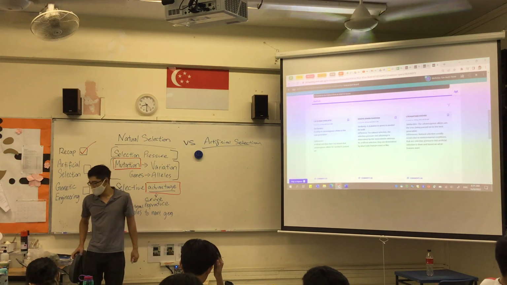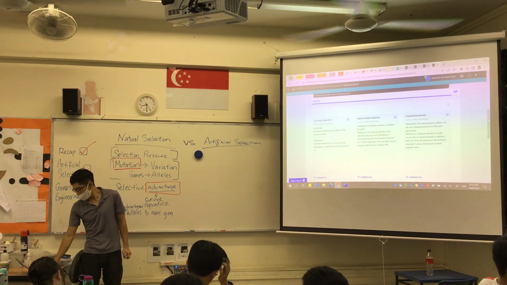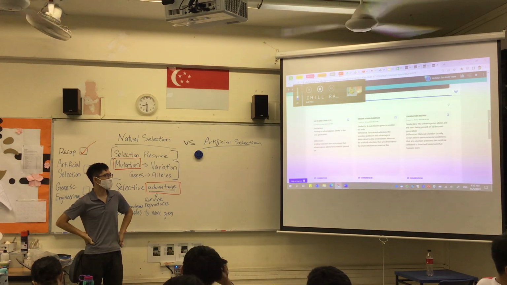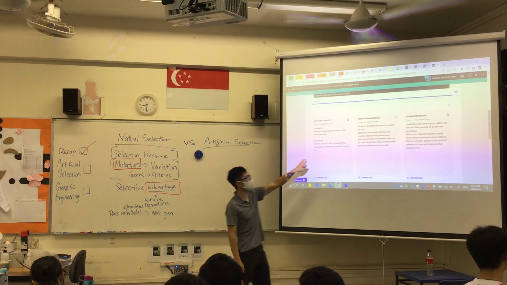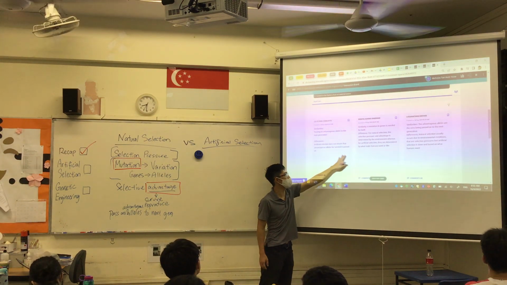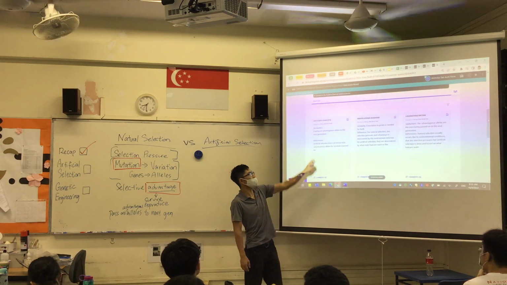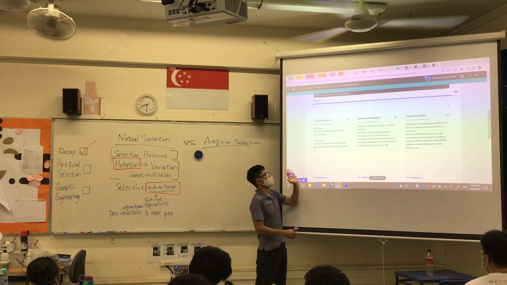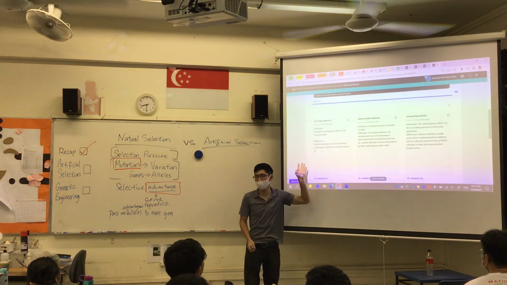Charlotte says, similarities is that you are passing on advantageous alleles to the next generation. Differences, artificial selection does not ensure that advantageous alleles for survival are passed on. Charlotte, just now I asked you, would you like to elaborate what is the difference between your first statement and second statement?